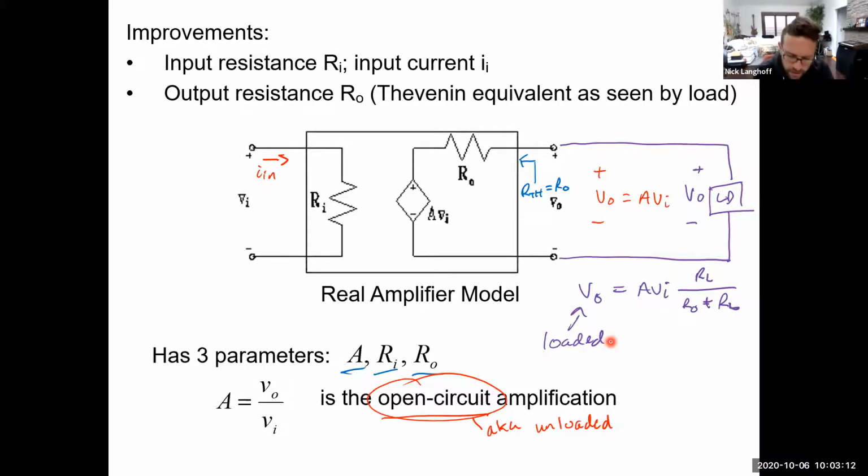And what you can see is that no matter what RL over RO plus RL is, this term is always less than 1, right? So that always makes the loaded voltage V out less than the unloaded voltage.